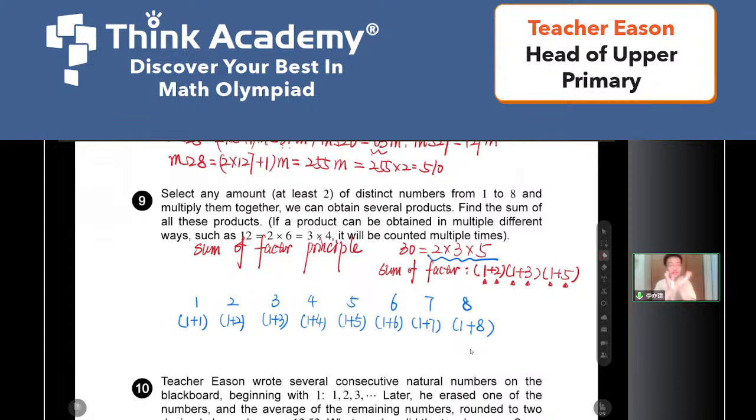For each factor, we can either use it or not use it. And for the sum of all products, we add 1 and the factor together, and then we find the product. So this is the sum of all products.